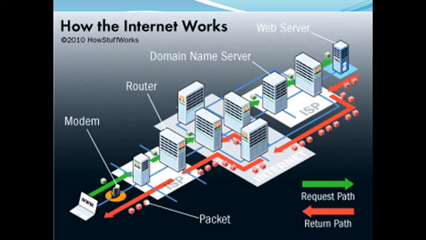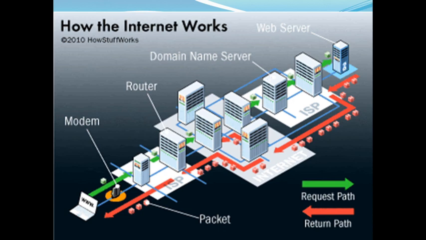Now this image shows the whole working of the internet. This is the client, the green is the request path and this is the return path. Our message is sent through the modem, and then in between there are routers, which are intermediate devices that route the packets to the best suited path to the DNS.